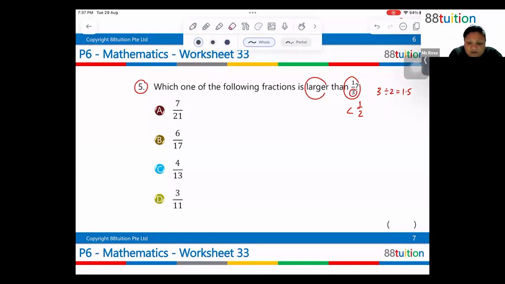Then how do you decide which one? If you were to use the first common multiple of 21, 17, 13, and 11, is it possible?